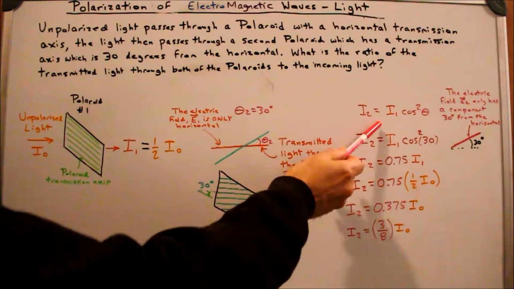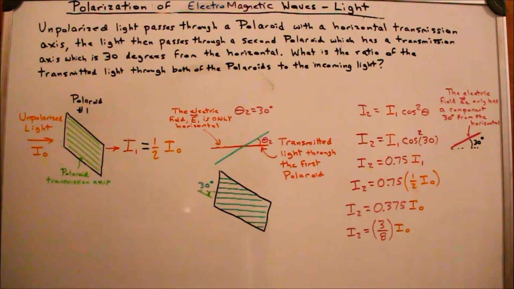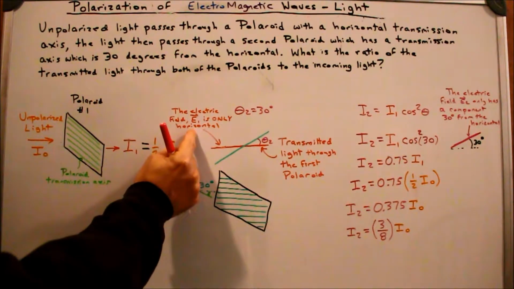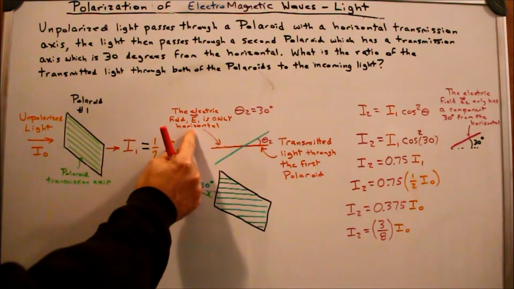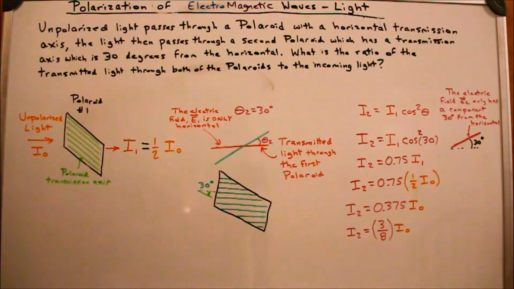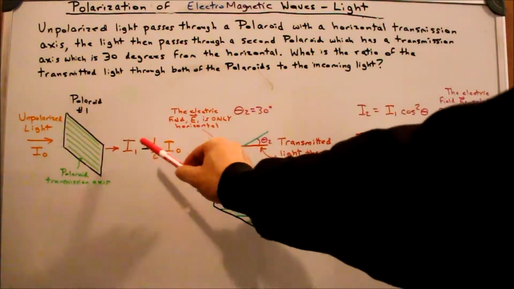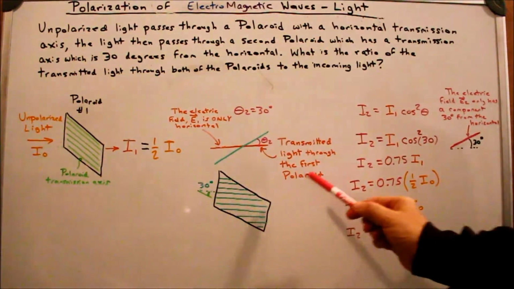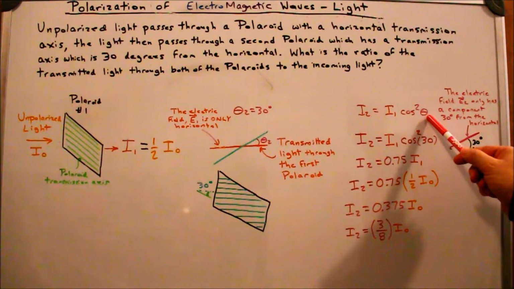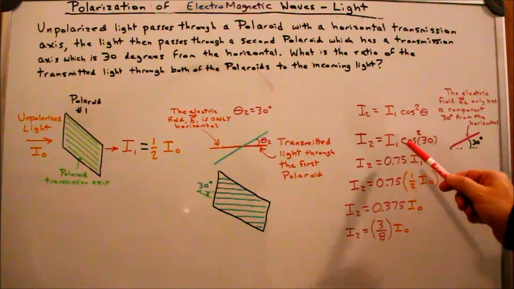And so then we'll use this equation right here, because remember the magnitude of the electric field is the cosine of theta, but the intensity is the cosine of theta squared. So we have intensity 1 coming to it and leaving is intensity 2. So intensity 2 is intensity 1 times cosine of theta squared.